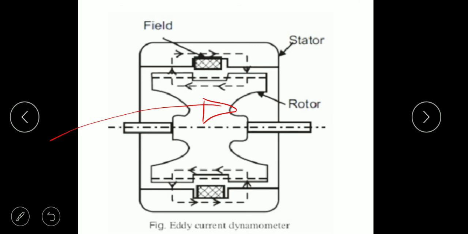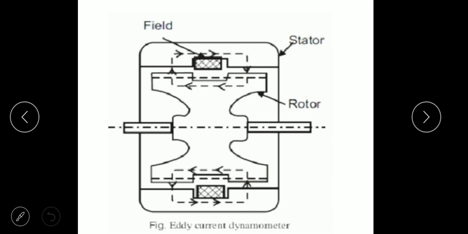Now what will happen when the eddy current generates? The eddy current will try to oppose the motion of the rotation, try to reduce the rotation of the shaft, or we can say it will oppose the magnetic flux. So it tries to reduce the RPM of the rotating member, on which there is an arm connected with the gauge.